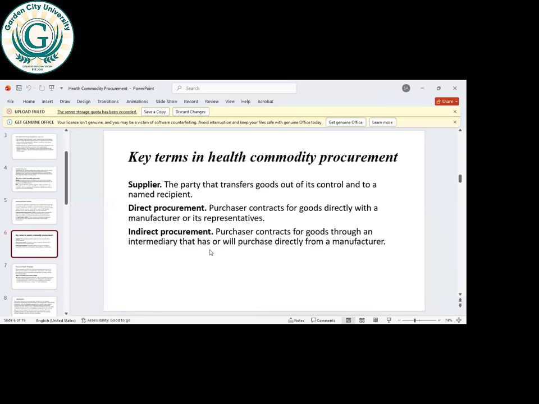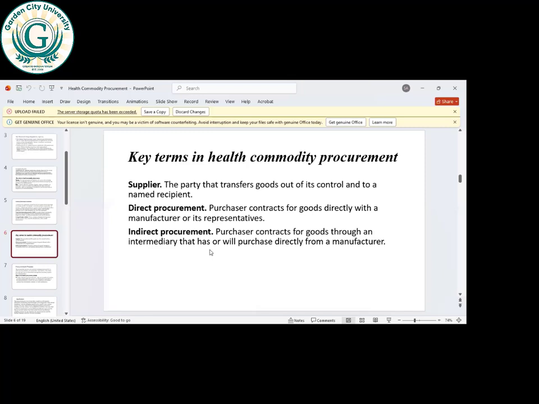In construction, they will not use supplier, they'll use contractor. When it comes to supply of goods, you will use supplier or vendor. When the person is distributing equipment and other things, they use a vendor or a supplier. So these words are used interchangeably.